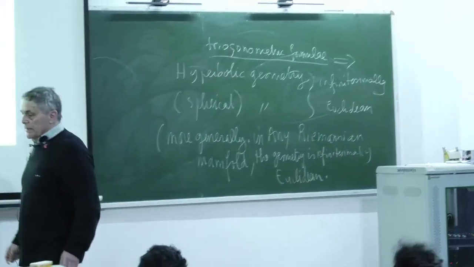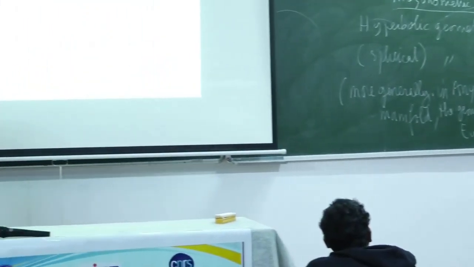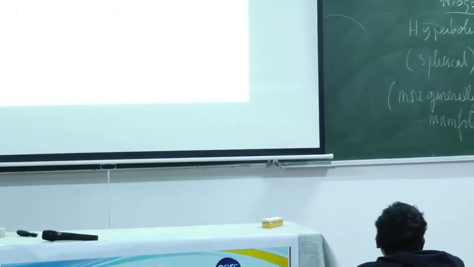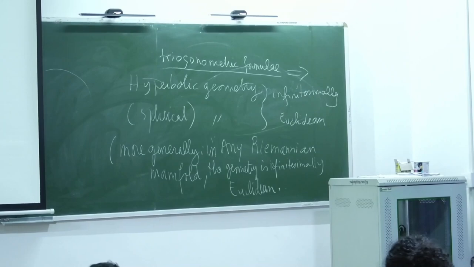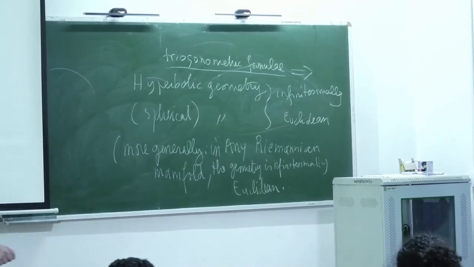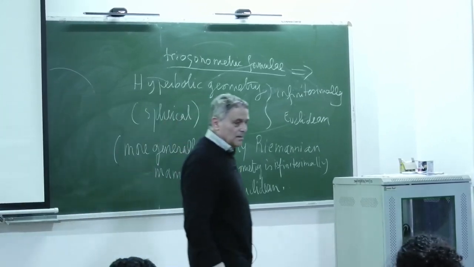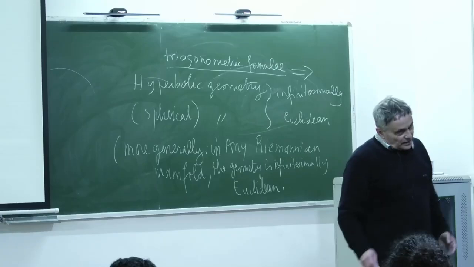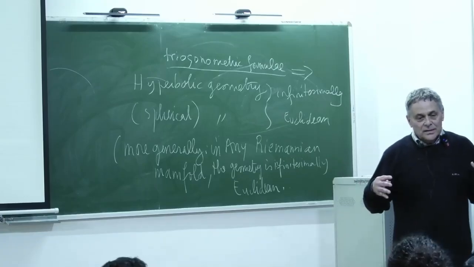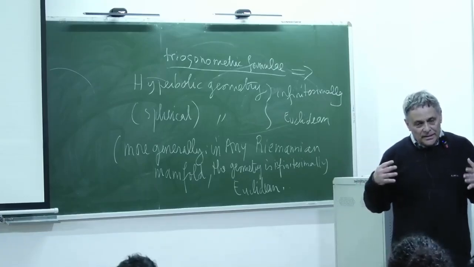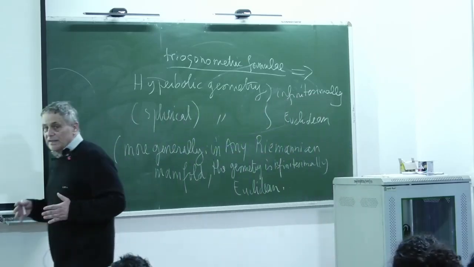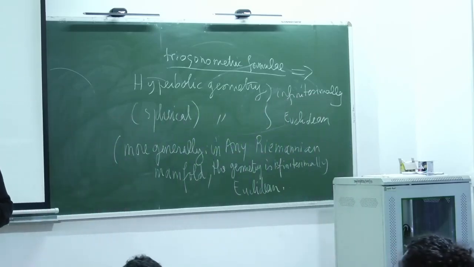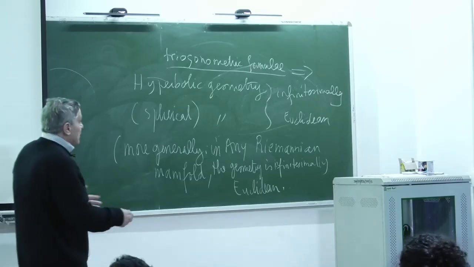This is a property which I want to highlight. What do you mean by infinitesimally Euclidean? Do you mean the local isometry? I mean the behavior of the geodesics, the behavior of the triangles, straight lines. Yes, straight line.